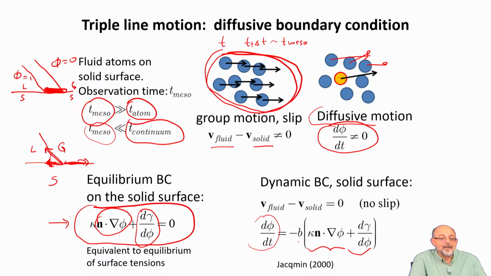The simplest model is linear, so I have surface mobility, right? I still keep the no slip boundary condition, so the fluid is still not slipping. Okay, so I still have the difference between fluid velocity and solid velocity. Well, for tangential velocity it gives me no slip, and for normal velocity it tells me no penetration.